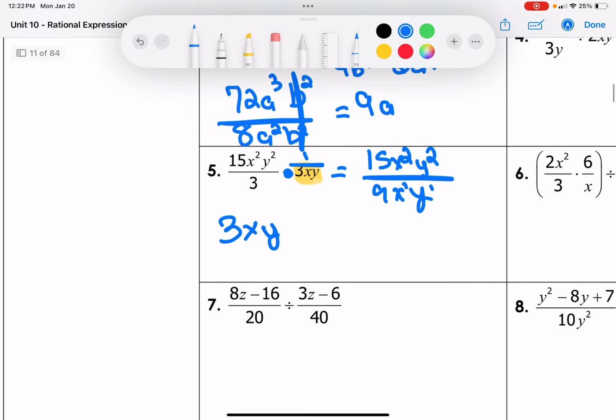Next one. Oh wait, what just happened? Is that right? What did I do wrong? I had 15 over 9xy.